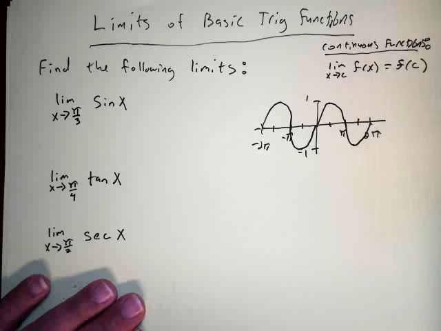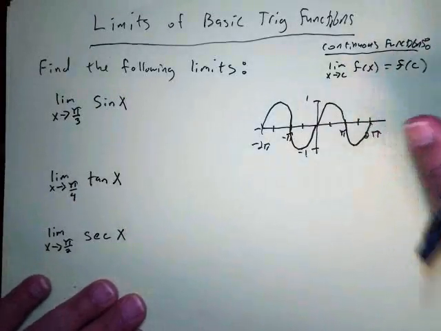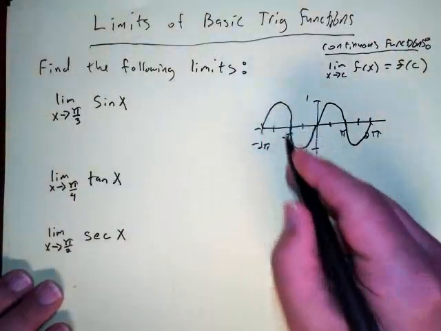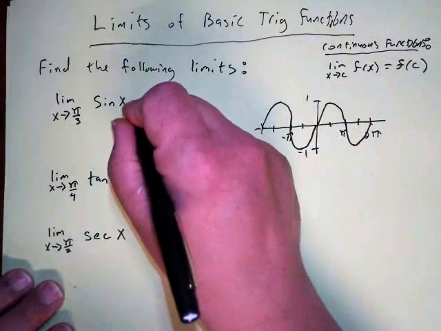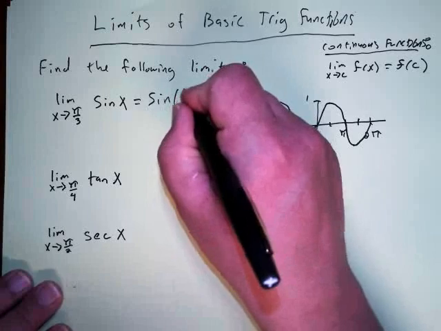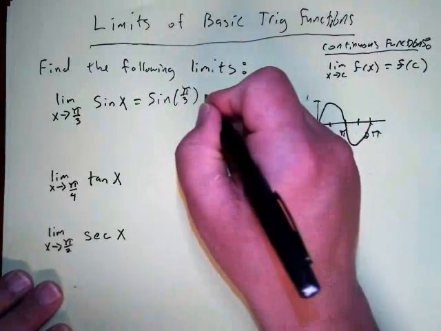Okay, so the sine and cosine are continuous. They're these continuous waves, and so if I want to find this limit, I just have to plug in sine of pi over 3.